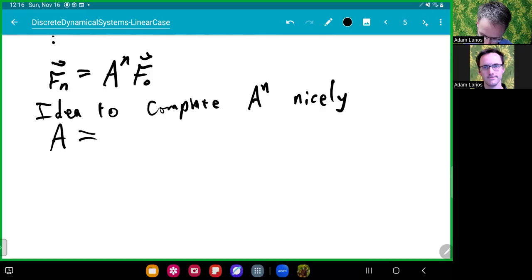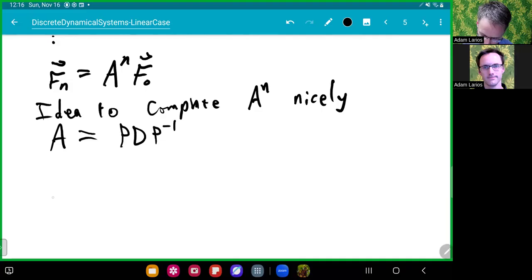We would have to do this iteratively. Now we'd like to have some type of closed form. So we would like to write it as PDP inverse because A, as we'll see, has distinct eigenvalues. And so the Jordan form just becomes a nice diagonal matrix.